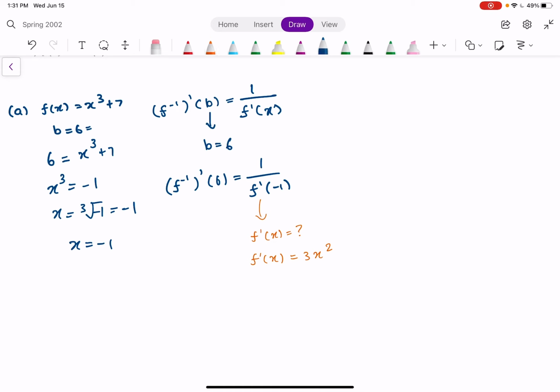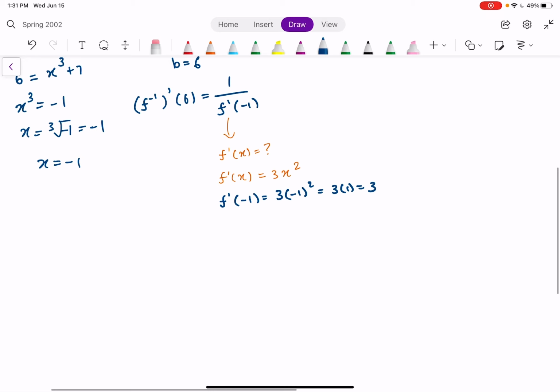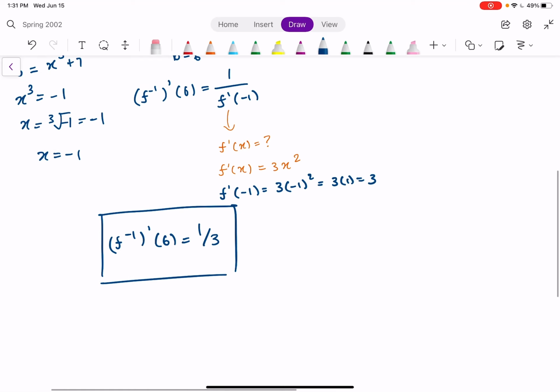So f prime of -1 equals 3 times -1 squared, which is just 3 times 1, which is 3. So our answer is f inverse prime of 6 equals 1 over 3, 1/3. So that's how you would approach this one. Let's highlight our answer.